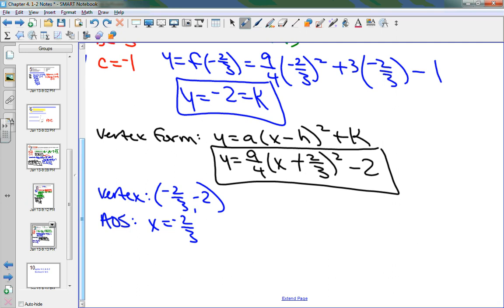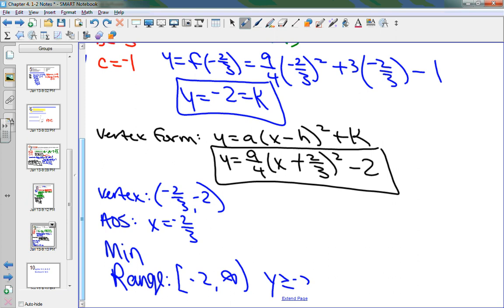It's a min because it's positive, which means now my range is going to be what? If it's a minimum, that means I have a valley. So what's the smallest y value I'm going to approach first? Negative 2 is the first value I'm going to come to. And then where is the largest value I'm going to get to? Infinity. Which says that y has to be greater than or equal to negative 2. Do we all understand this?